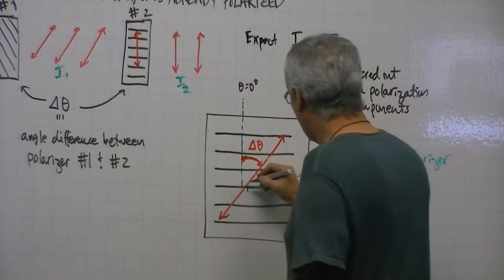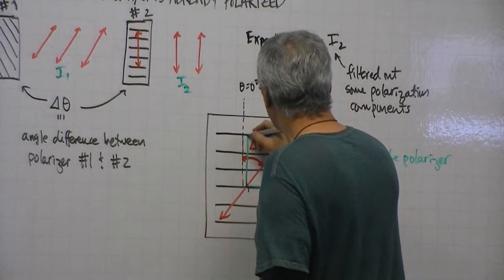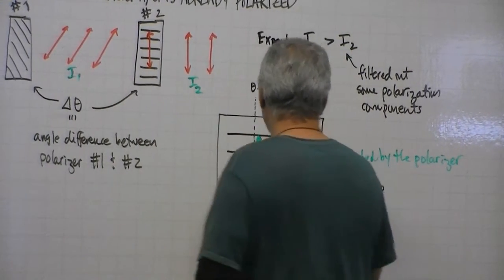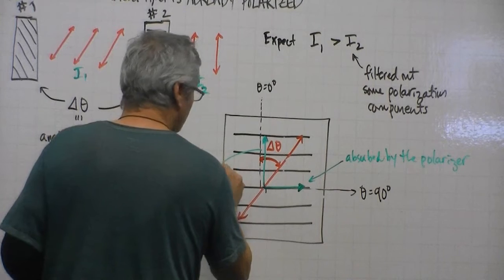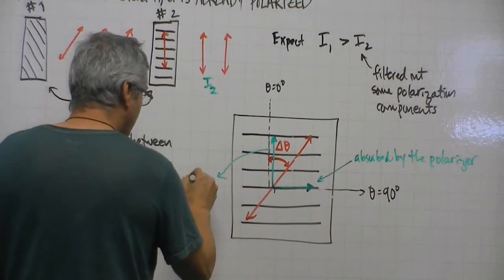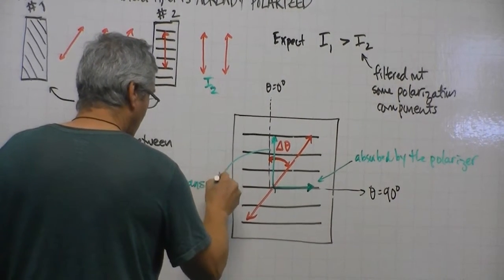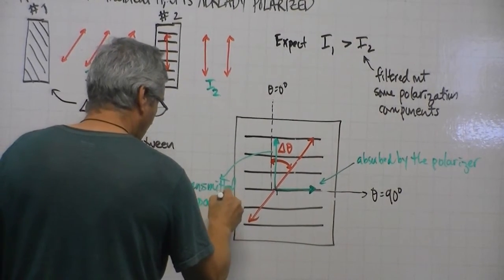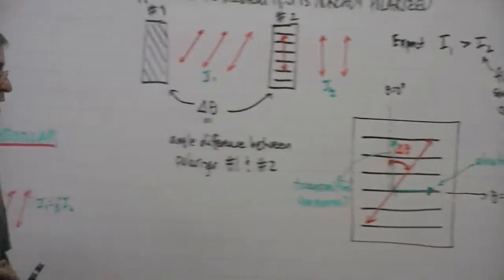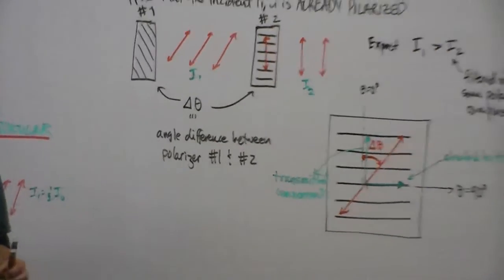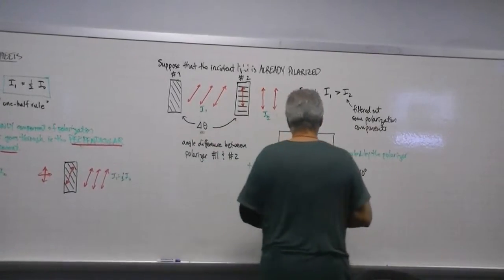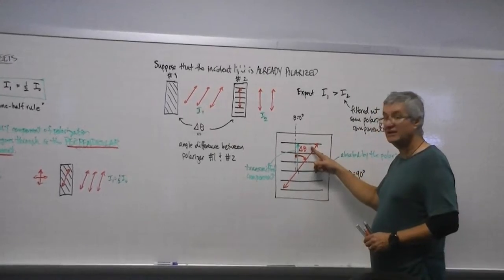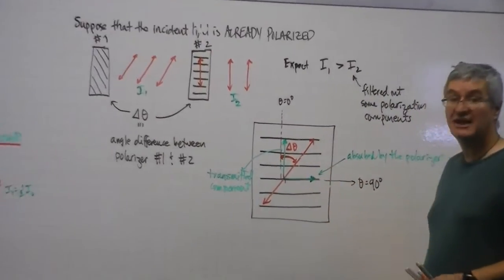And then I have a vertical component that looks like this. This guy right here is the transmitted component. So we know that that's the one that's going to get transmitted. And so now, if the angle here is the vertical, look at the sides now.